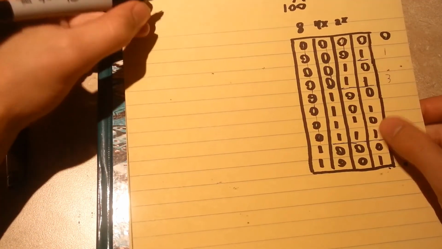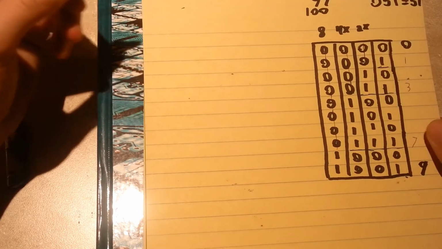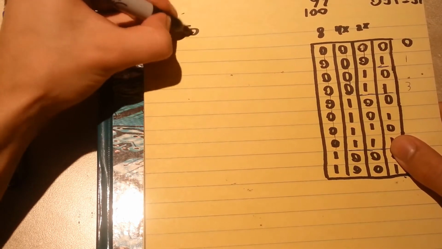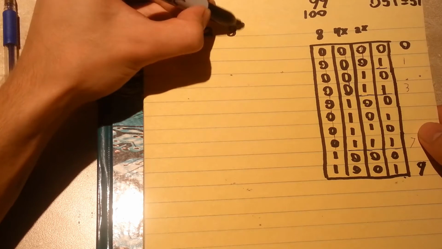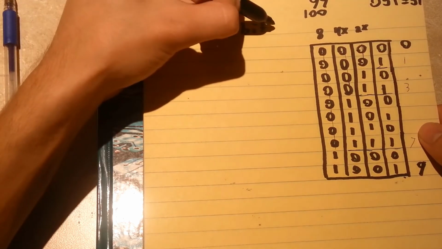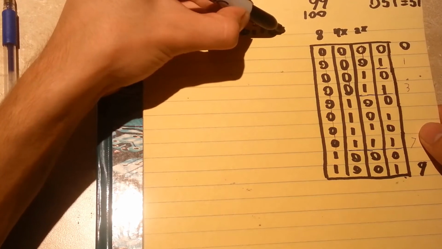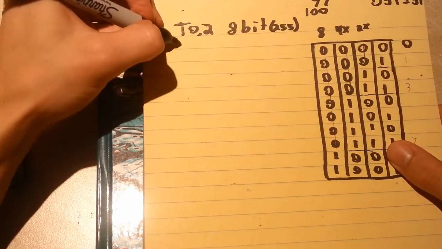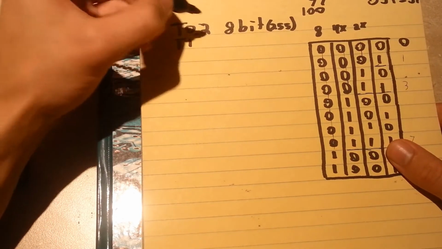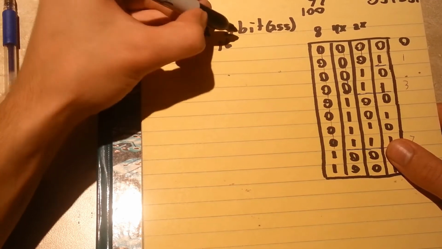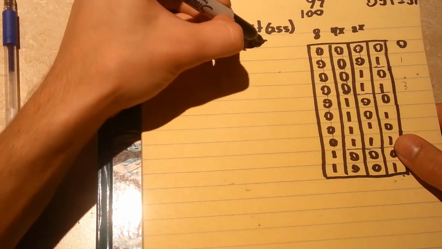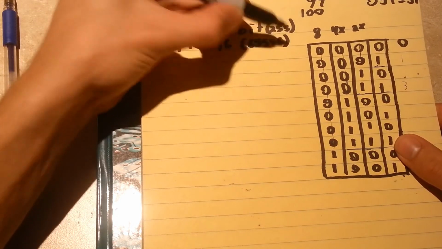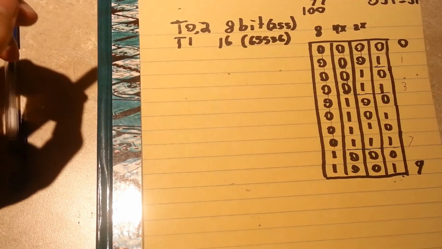Now, on to timers. The Atmega 328 has 3 timers. Timers 0 and 2 are both 8-bit timers, which means they can count up to 255. Timer 1 is a super timer because it's 16-bit and it will count up to 65,536, which is 2 to the 16 minus 1.